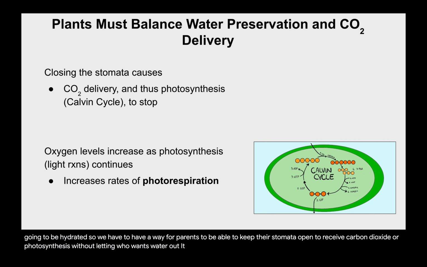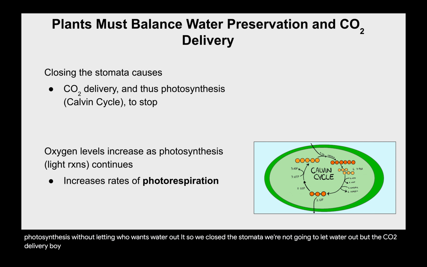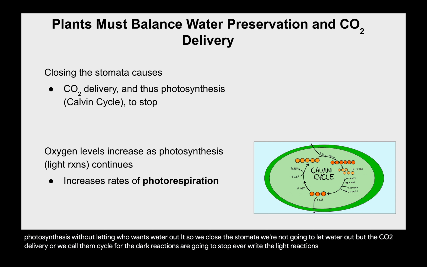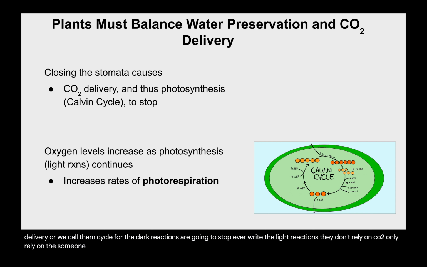So when we close the stomata, we're not going to let water out, but the CO2 delivery for the Calvin cycle, for the dark reactions, is going to stop. However, the light reactions don't rely on CO2. They only rely on the sunlight. Sunlight doesn't need to enter a stomata, so the light reactions can still continue.